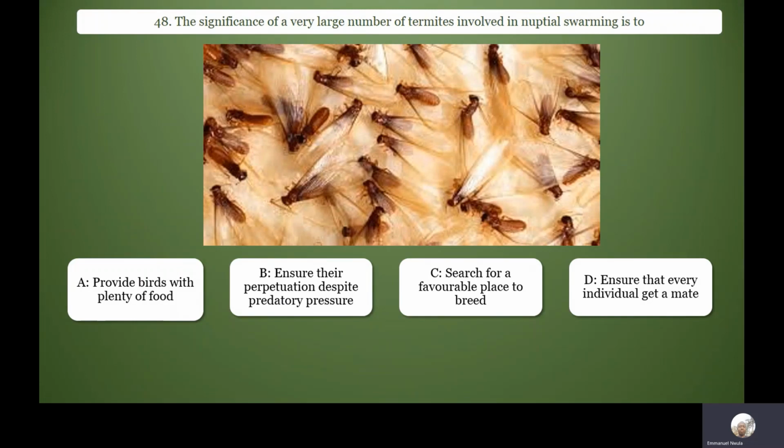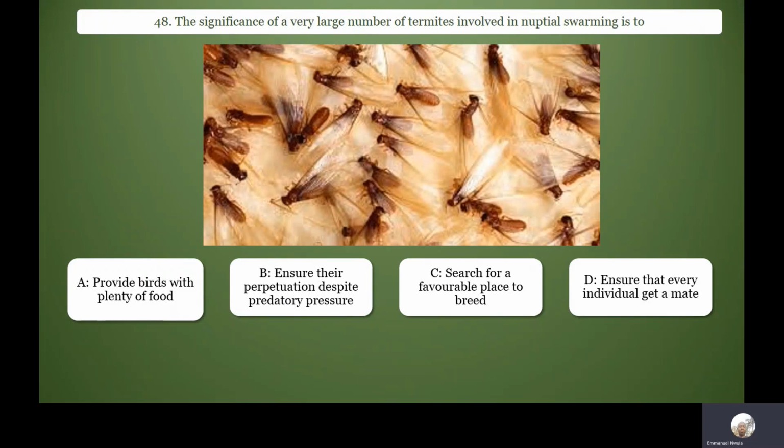When they land, they lose their wings, they mate, the male and the female, and then each pair of male and female moves to form another colony.